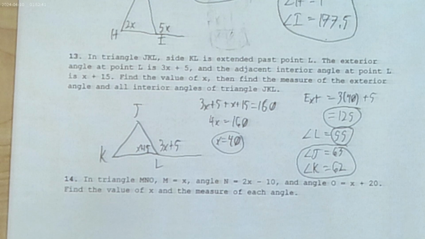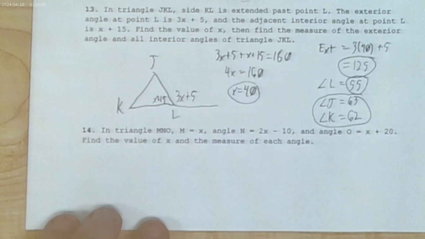I can't find anything in the problem that says anything about angle J and angle K, that they're not equal, that they are equal. All I know is that you add them up and they equal 125. So that's what I'm going to go with.